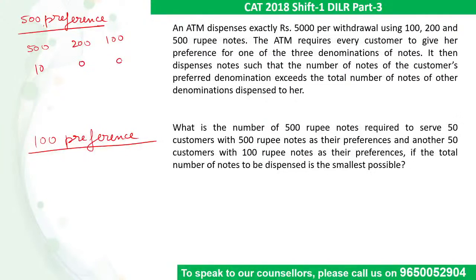That will minimize the number of notes. Isn't it? If I reduce it, I'll have to dispense more notes. The thing is, the number of notes to be dispensed is the smallest possible. So smallest possible is 10, and there are 50 such customers. Okay, so 500 notes to those customers.